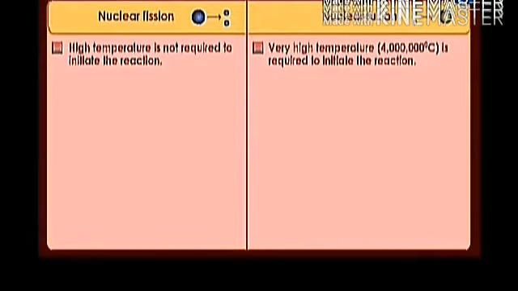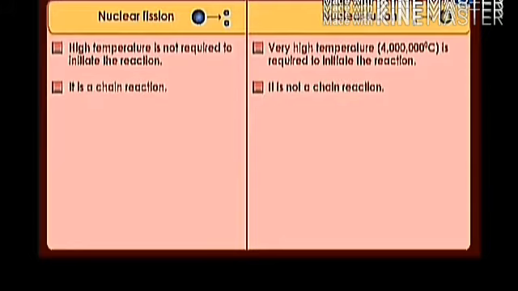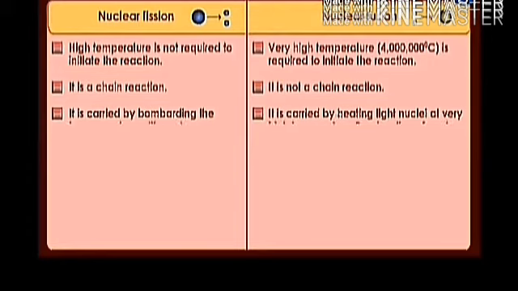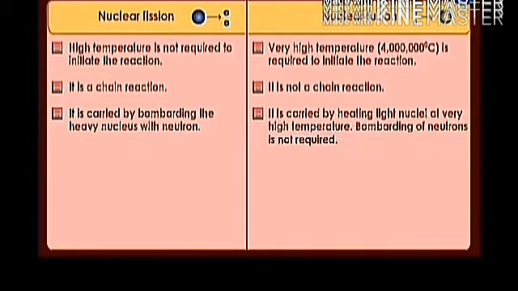Fusion reaction is the combination of two lighter nuclei to form one heavier nucleus. In a nuclear fission reaction, high temperature is not required for the initial reaction. In a nuclear fusion reaction, very high temperature is required for the initial reaction.